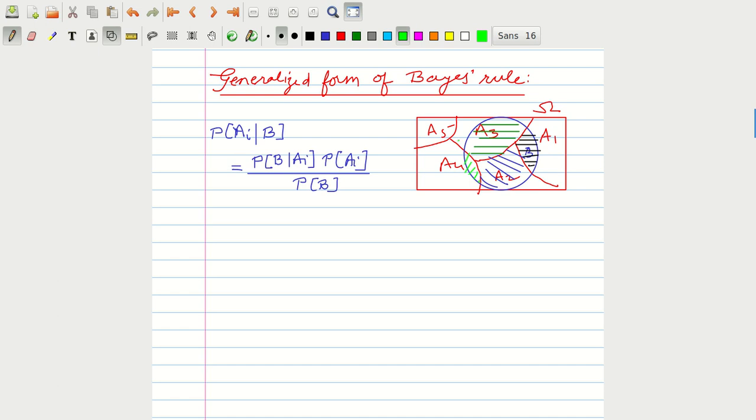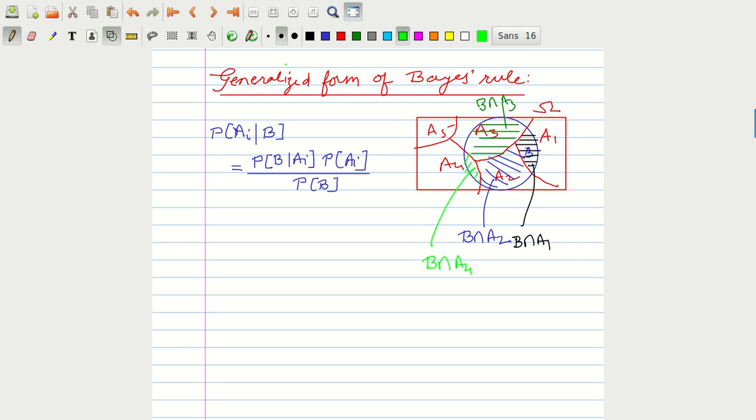So we can recognize these different regions as: this is B intersection A1, this region is B intersection A2, this region is B intersection A3, and this region is B intersection A4.